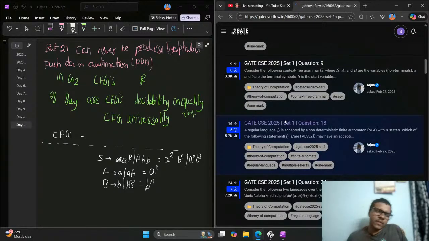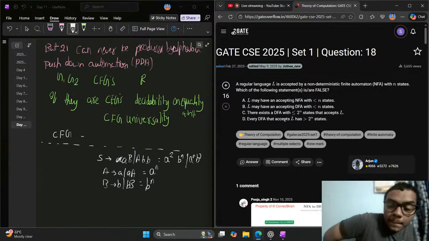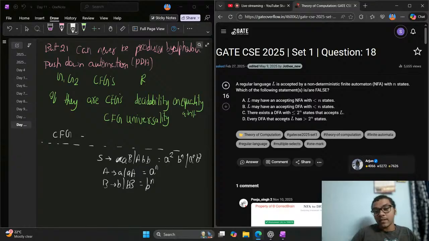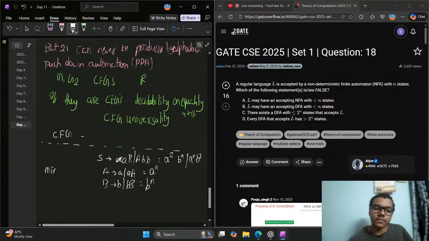Okay. A regular language L is accepted by an NFA with n states. Which one of the following statements is false? L may have an accepting NFA with fewer than n states. Right? That is the concept of minimization, so that is true. L may have an accepting DFA with fewer than n states.